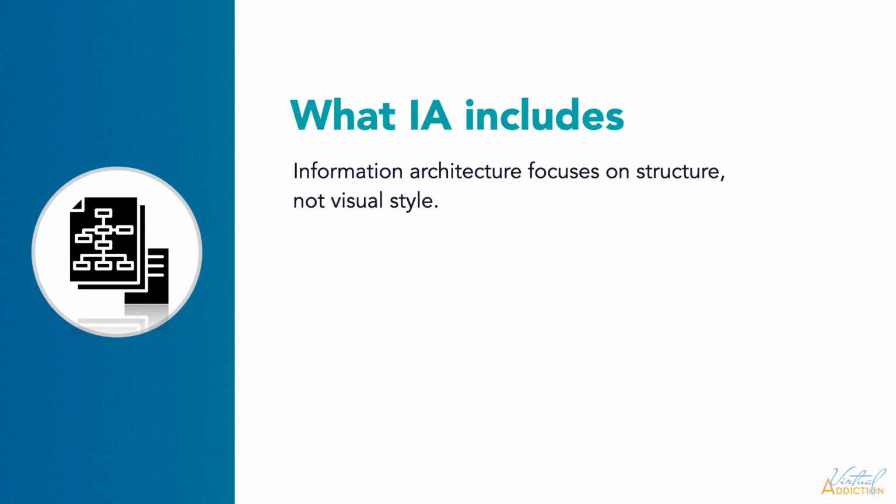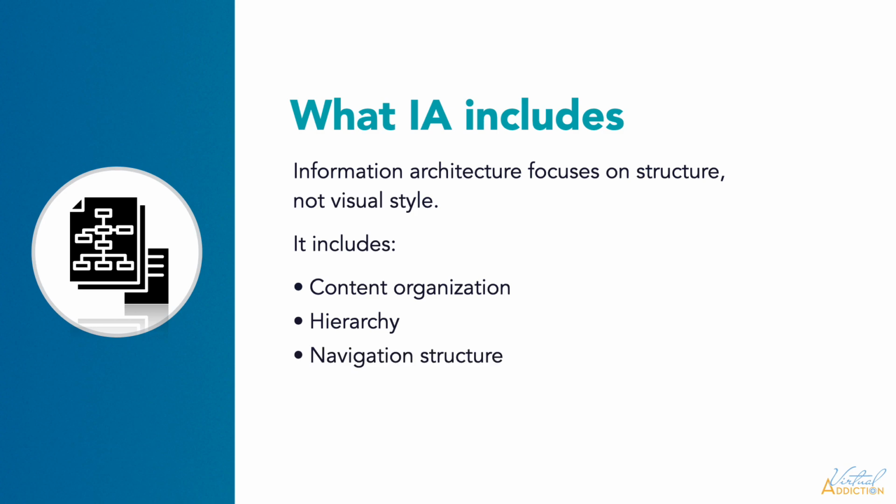Put simply, information architecture is how a website is organized and how it makes sense to users. Information architecture is about structure, not visual style. It focuses on how content is grouped, how pages relate to one another, and how information is prioritized. It includes content organization. This is what content exists and how we group it together. Hierarchy. What's primary versus what's secondary. Navigation structure.